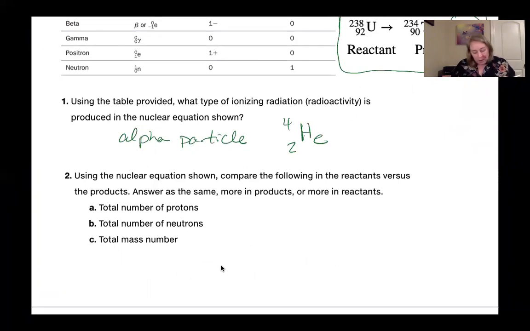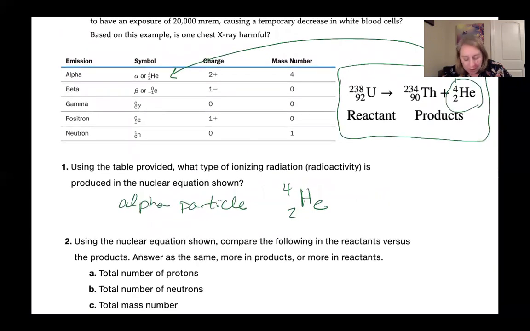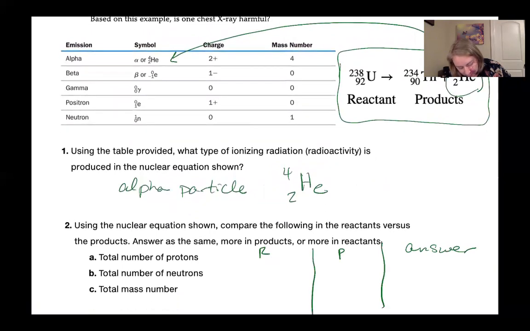Use the nuclear equation above. Compare the following reactants versus the products. Answer as the same, more in products or more in reactants. So what happened to the total number of protons? So let's do reactants, products, and then we'll do our answer, just to make this a little bit easier, right? Okay, so number of protons, number of neutrons.